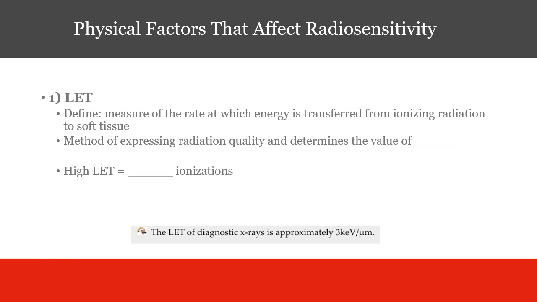And it's a method of expressing radiation quality, which is energy, and determines the value of the WR. WR, going back to last quarter when we were reviewing, stands for radiation weighting factor.